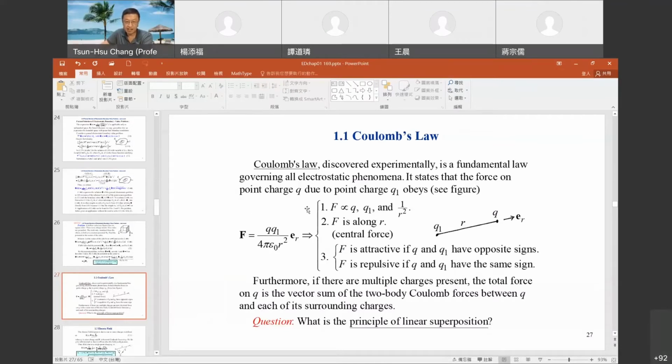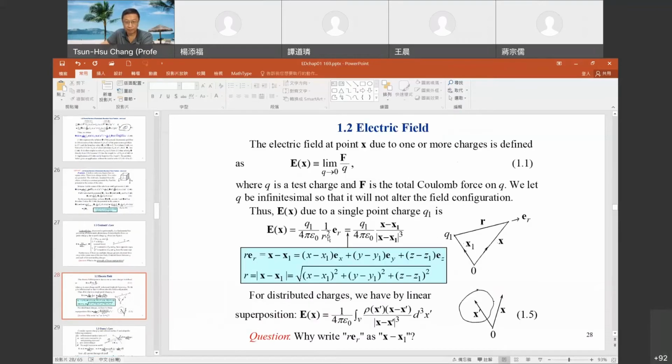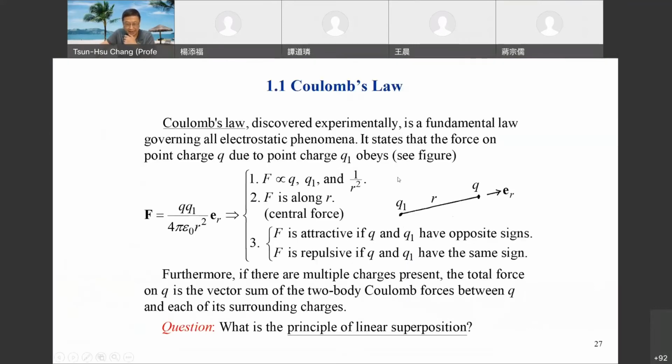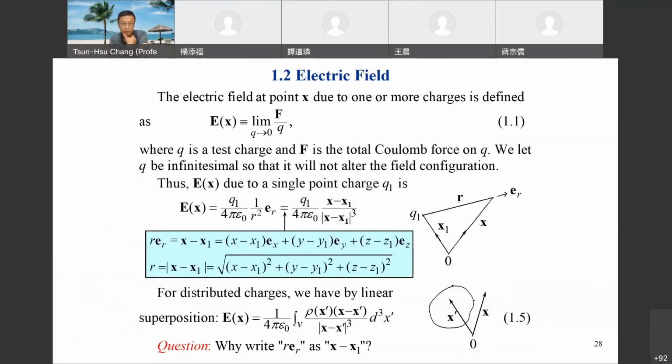So it's not a surprise to find Coulomb's law. Maybe I should give you more information. I quickly go through the rest of chapter 1. Electric field is just a definition: force divided by unit charge.